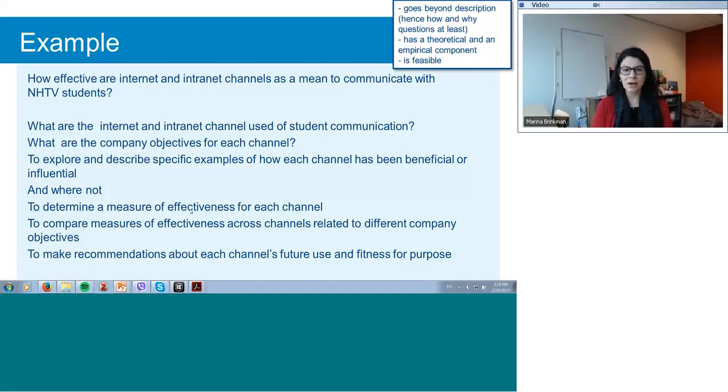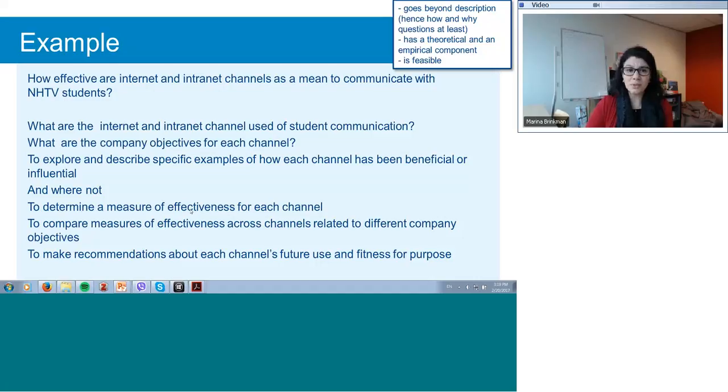So I don't necessarily have to test that myself by gathering data, but I can learn from others who already have asked that question and conducted studies, and who will be able to tell me, well, if you really want to compare effectiveness across channels, these are the measures that you can use in order to identify if indeed a channel is effective and how effective it is.